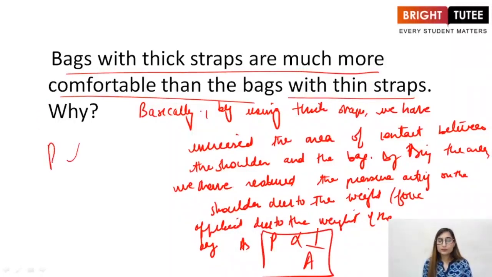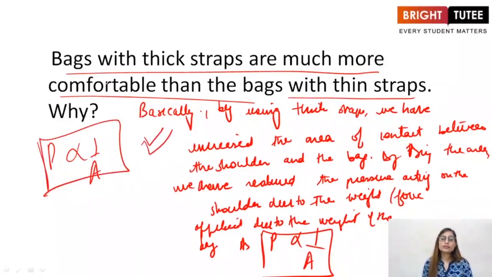Basically pressure is inversely proportional to area is the main point of recognition here, that if pressure is increased, the area is decreased, right? So when there are thin straps, the area of contact is reduced, so the pressure is increased. That is why you feel more pressure when you have thin strap bag, right? When you have a thin strapped bag, you feel more pressure, while when you have a thick strapped bag, it feels much more comfortable due to the reduction of pressure, right?